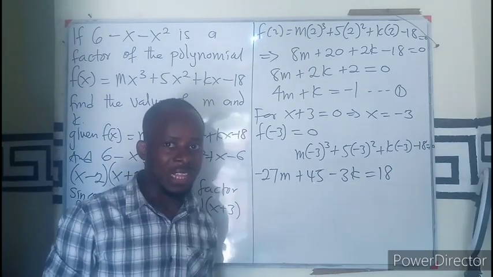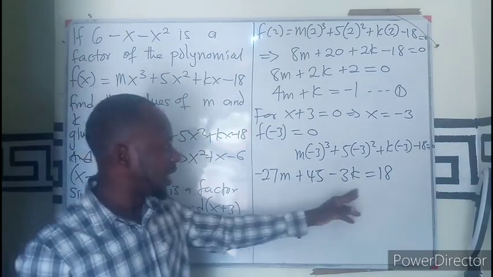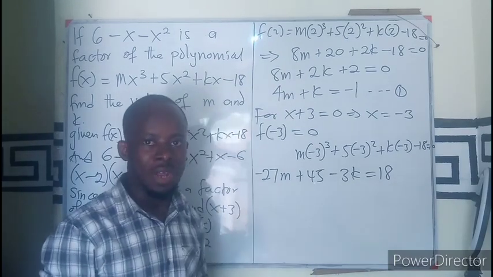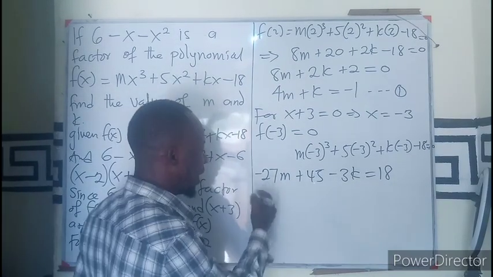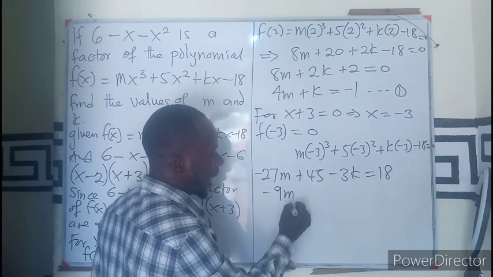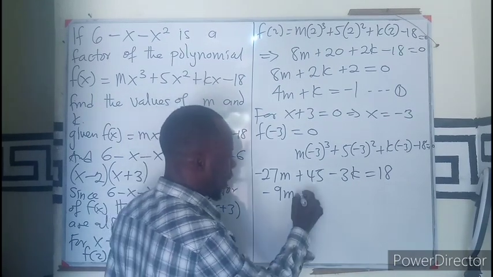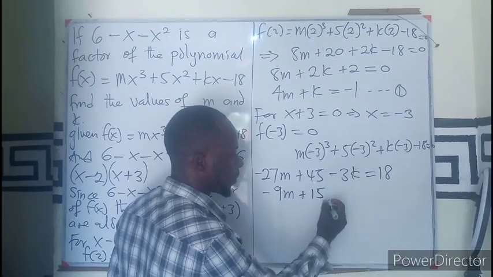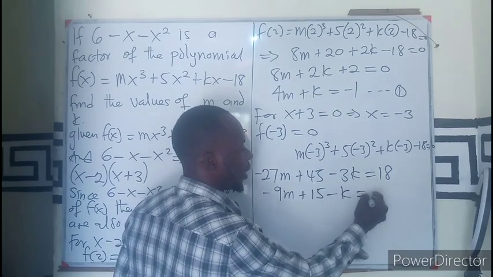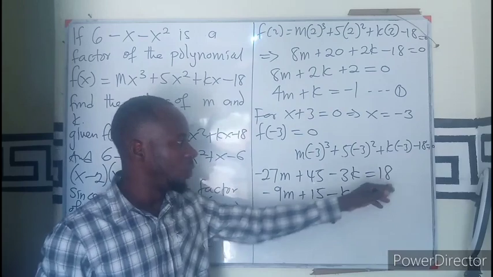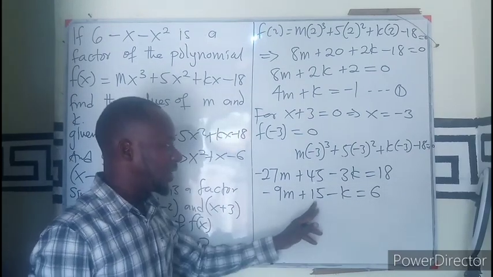In this also, I can see a common factor. 3 can go in all of them. So I'll be having negative 9m, 15 minus k equals 6 if 3 goes there. I can see this is a constant.